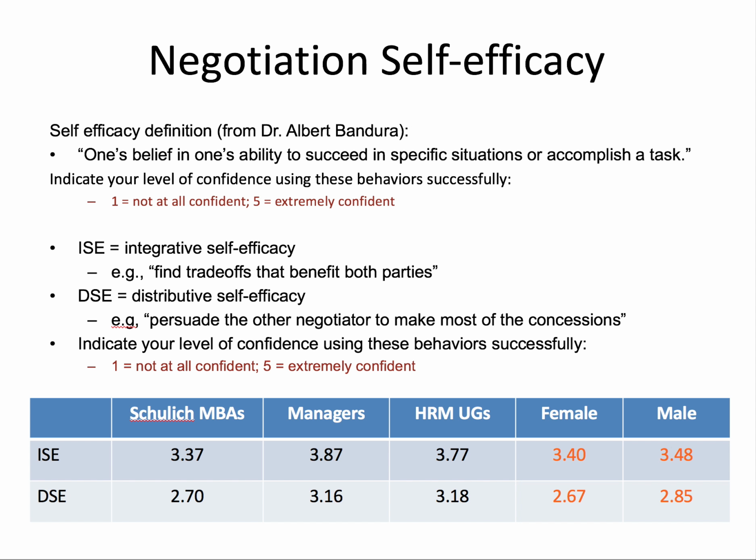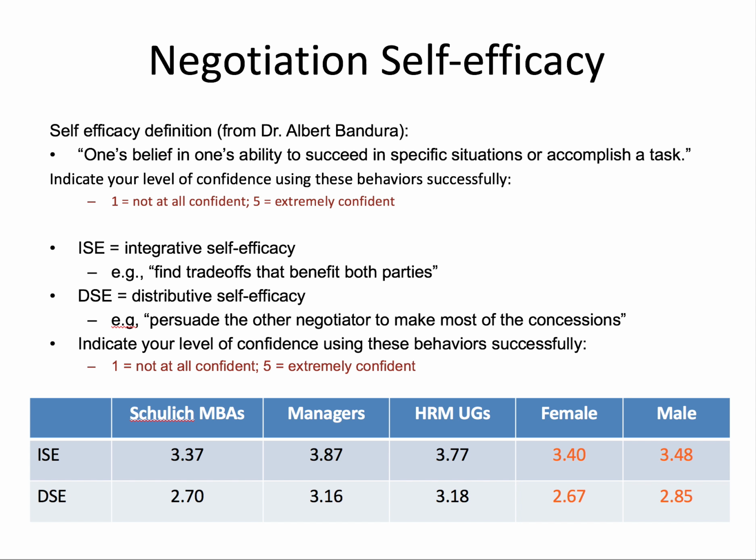In this particular self-assessment survey, I had you measure integrative self-efficacy and distributive self-efficacy. Integrative self-efficacy is our self-efficacy for value creation, the value creation part of a negotiation. How confident are you that you'll be able to do such things as find trade-offs that benefit both parties?